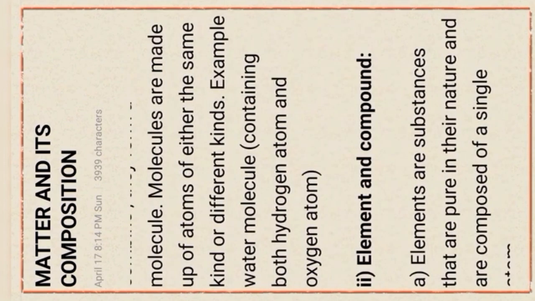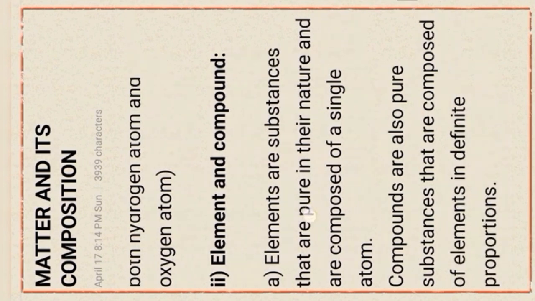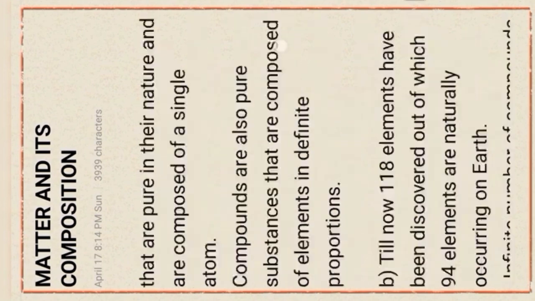Next, the difference between element and compound. Part A: elements are substances that are pure in nature and are composed of a single kind of atom, but compounds are also pure substances that are composed of elements in a definite ratio.